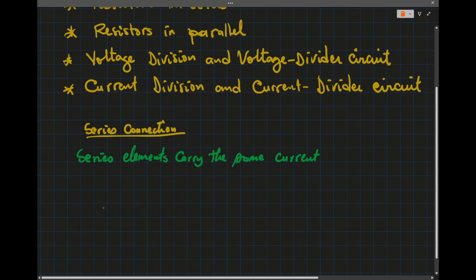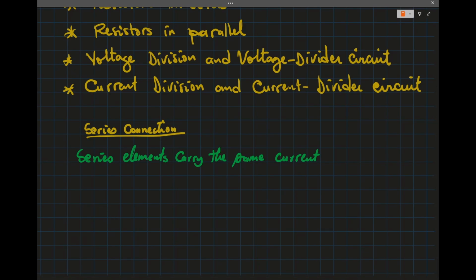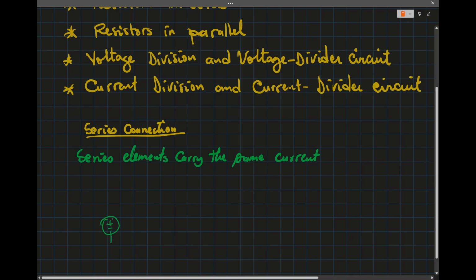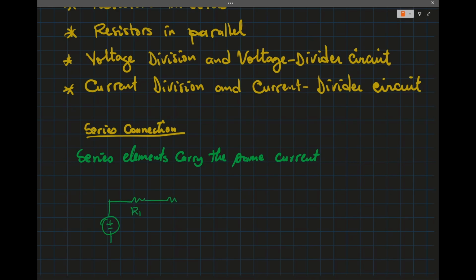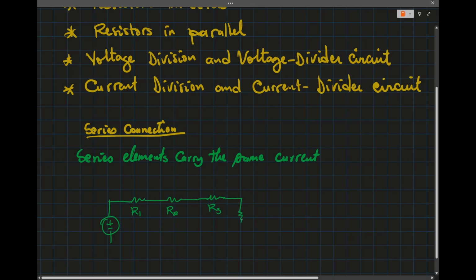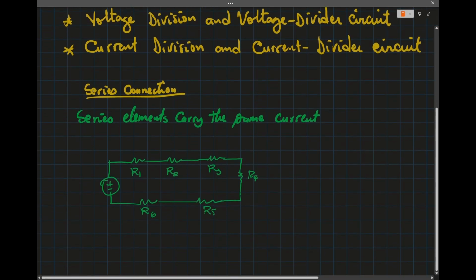So when we have this power supply, and let's say we have R1, and then we have R2, R3, R4, R6, and R5.